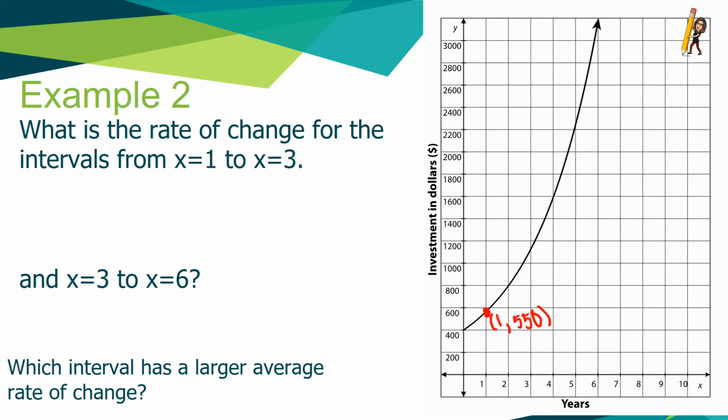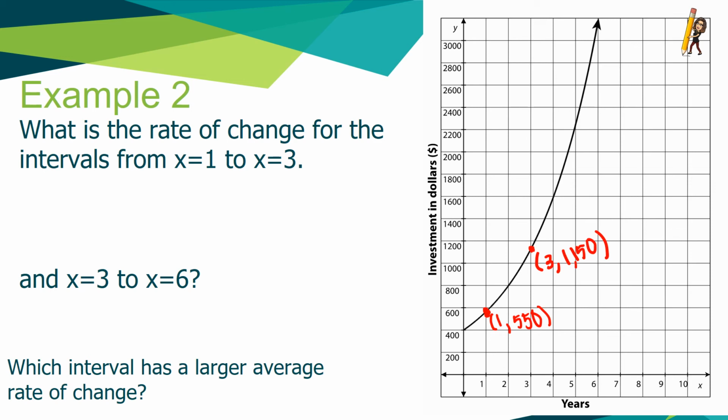So I think that that point is about 1, 550. Which means that my x value is 1 and my y value would be about 550. I'm just guessing. And then for x is equal to 3, that's our second point, which is a little bit higher. And I'm guessing that the y value on that ordered pair is 1,150.